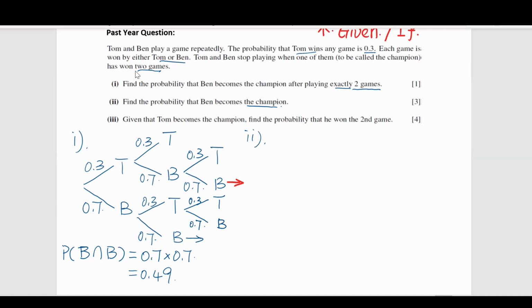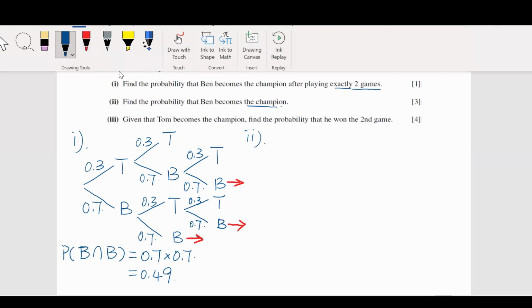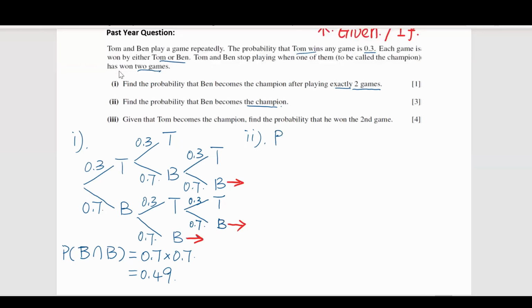So this is where Ben becomes the champion. Or these outcomes: Ben wins the first and the third games, so Ben becomes the champion. Or even better, Ben wins 2 games consecutively and then becomes the champion. So these are the 3 possible outcomes in which Ben becomes the champion.